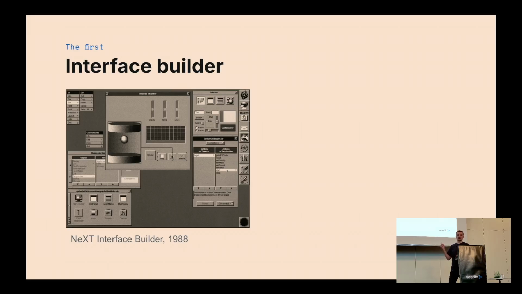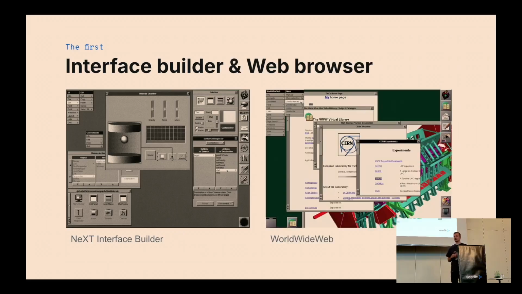As Jonas mentioned, the first commercial interface builder was released in 1988 with the Next operating system, which was Steve Jobs' side quest when he was not at Apple at the time. And that's interesting because that was actually the exact interface builder that Tim Berners-Lee used to build the first web browser.